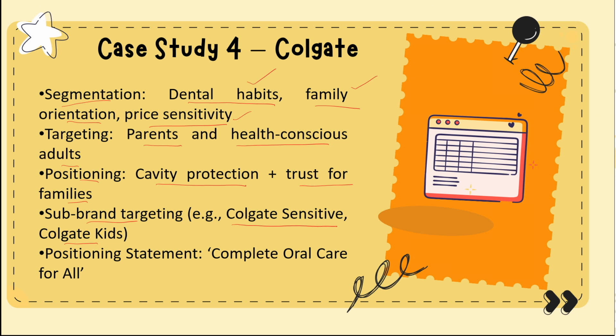They tried to create some kind of fun, some kind of animation for small kids, the child who is more fascinated with cartoons. So, with a soft kind of taste and lots of comic characters, they created Colgate Kids, a toothpaste and toothbrush brand. So, sub-brand targeting they also did. What's the positioning statement? Complete oral care for all, very effective.